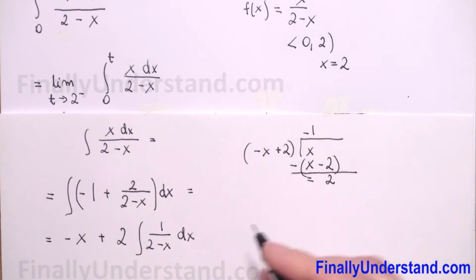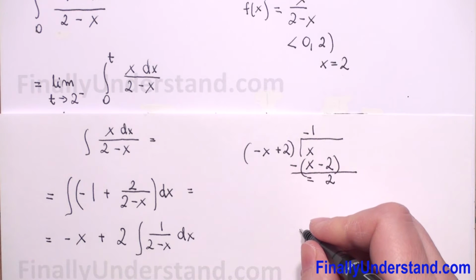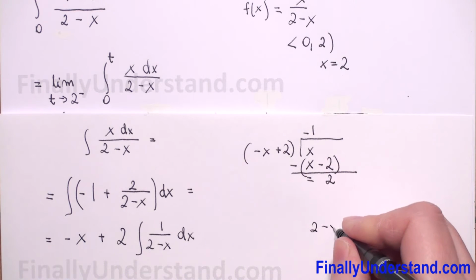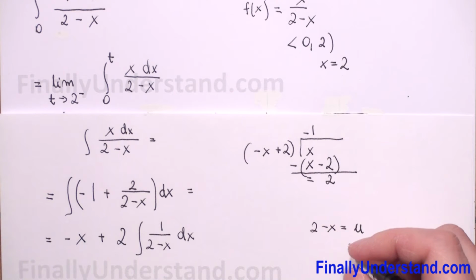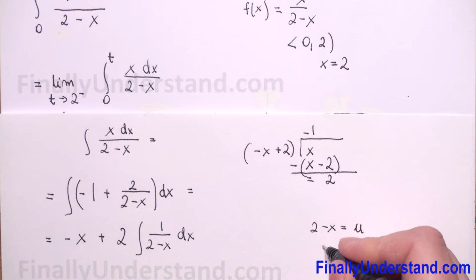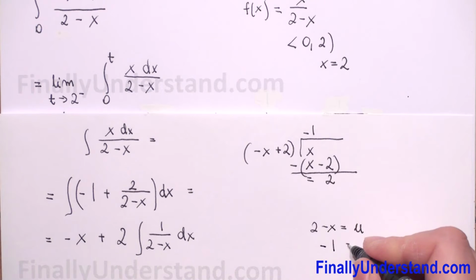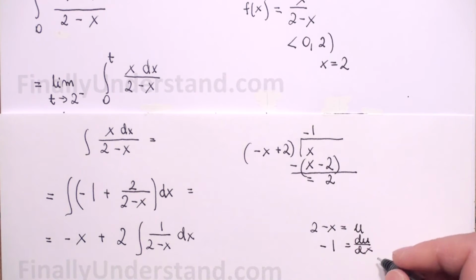To do this integral we can use the substitution method. Let me put that 2 minus x is equal to u. So we find the derivative of both sides with respect to x, so we have negative 1 is equal to du over dx. Now we multiply both sides by dx, so we have negative dx is equal to du.